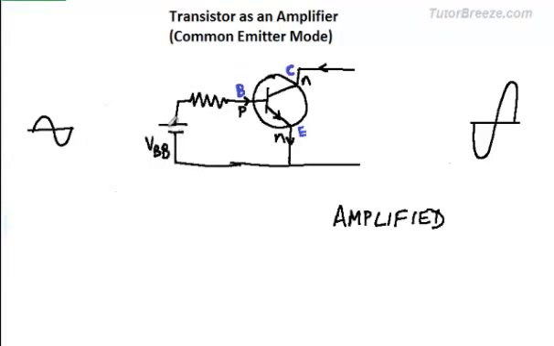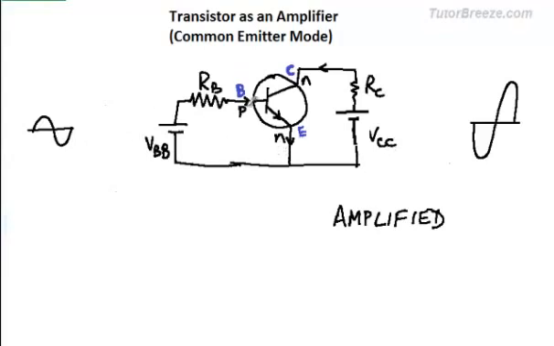We'll denote this by VBB and the resistance by RB. Now let's take a look at the output side. Here we're going to connect a resistance and a battery. The positive side of the battery will be connected to the negative end over here, and we'll denote this by RC, and this is VCC.